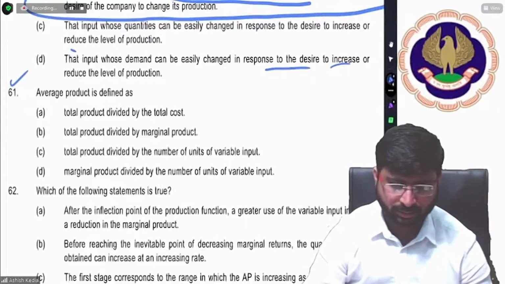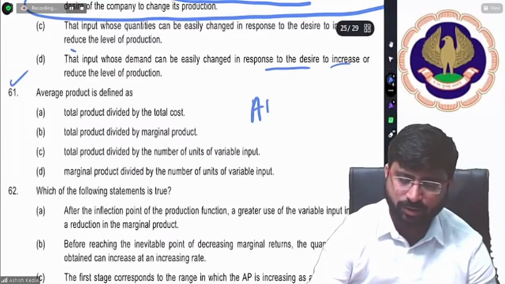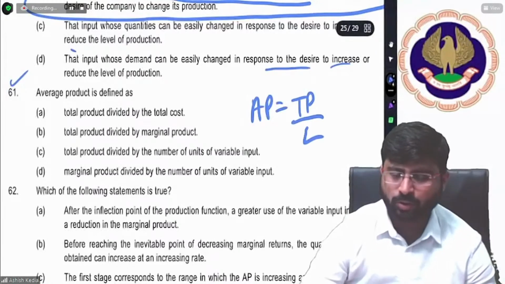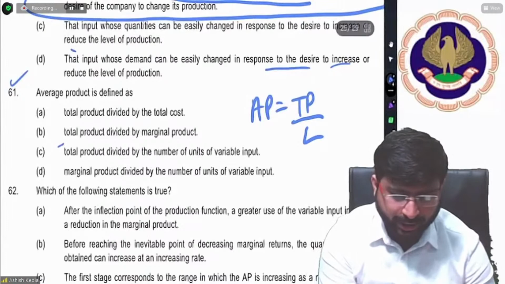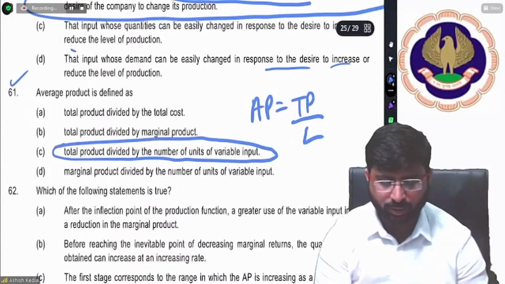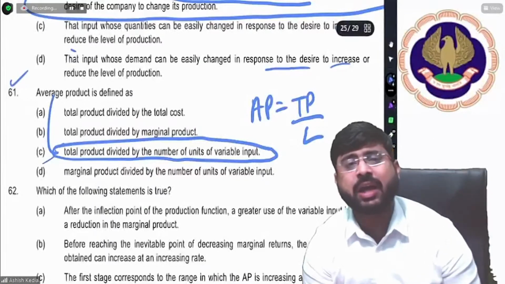See, average product is total product divided by the number of units of variable input. That is the correct answer. This is average product.